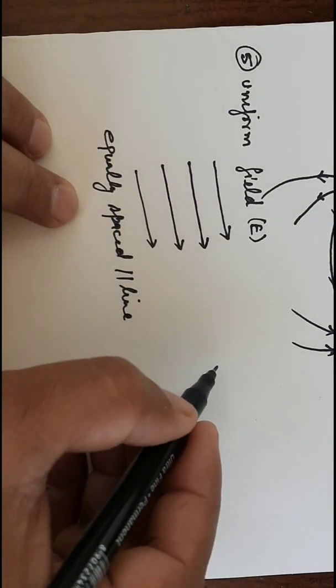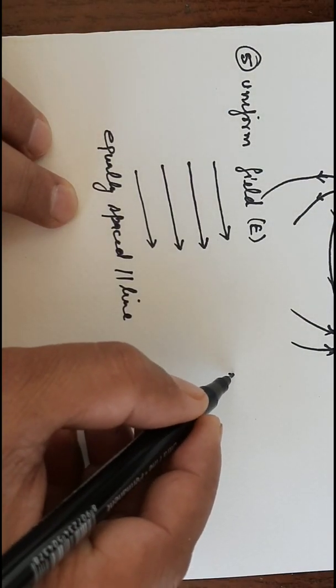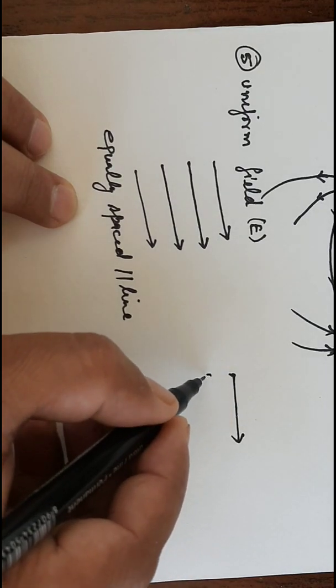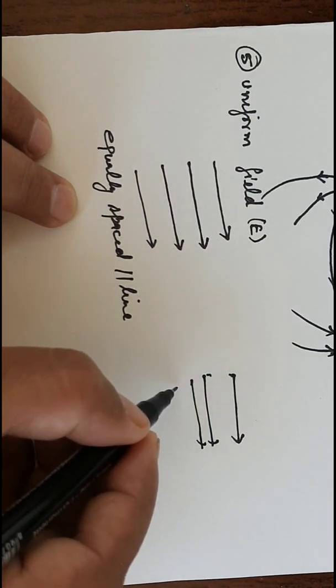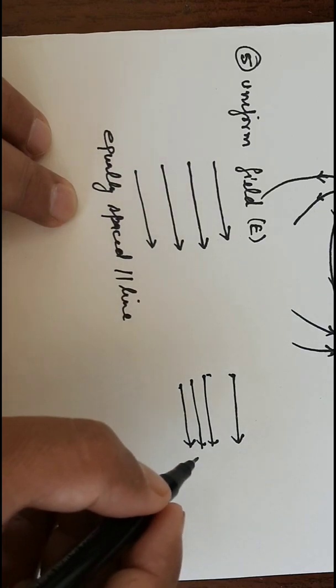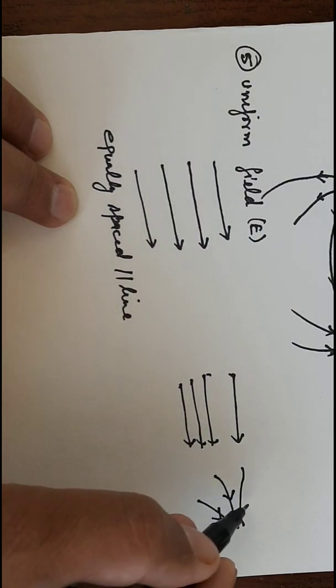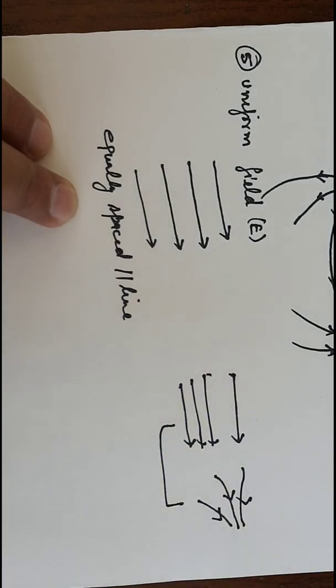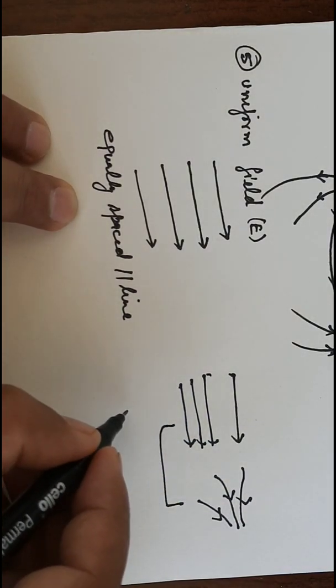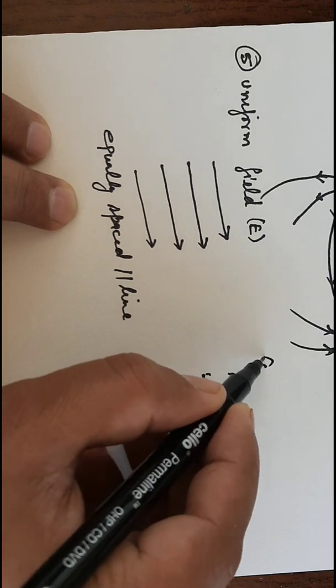If they are not equally spaced, like this one, it represents a non-uniform field, or if they are not parallel. So both these field lines are non-uniform.